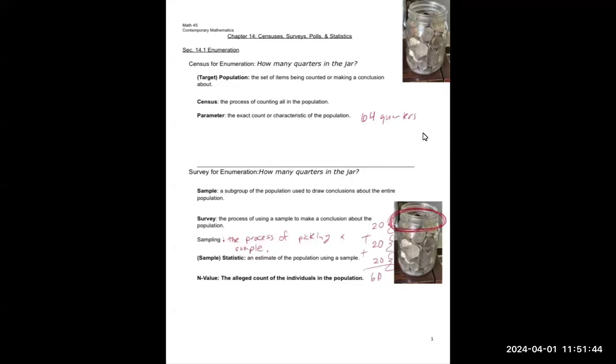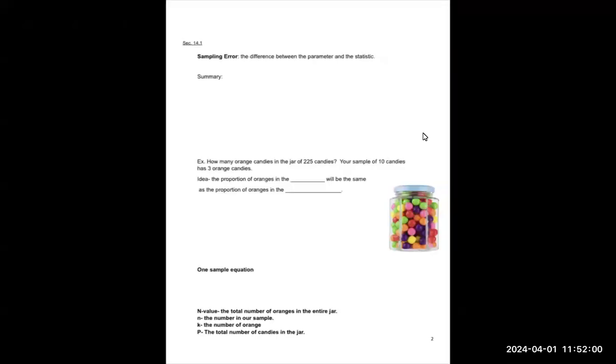So those are the two types. You can either spend forever counting the quarters, that's what's called a census. Or you can take a small sample and use that sample to estimate the total number of quarters, and that's called a survey. Okay. Moving on to the next thing.